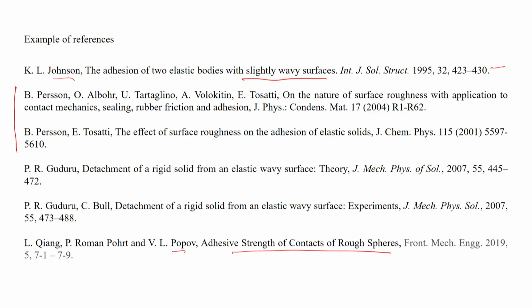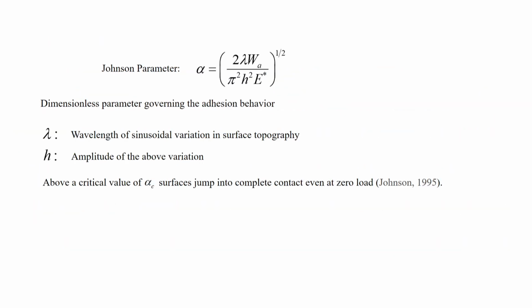So today I would like to say this: the Johnson parameter is given by this expression. Here alpha is a ratio, W is the work of adhesion, H is the amplitude of this wave, the variation of the surface, which is considered to be sinusoidally varying, and E star is the modulus.